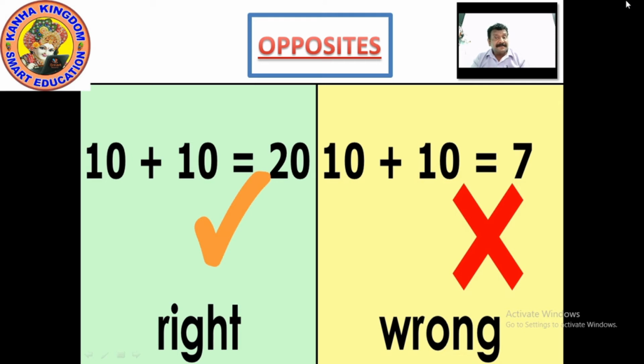In this place 10 plus 10 equals 20 is right, whereas in the other place 10 plus 10 equals 7 is not correct. That is wrong. Please write it down. Right, wrong. Wrong, right. Right, left, left, right. In different places it is used in a different way. You just have to memorize it. Right? Please write it down.